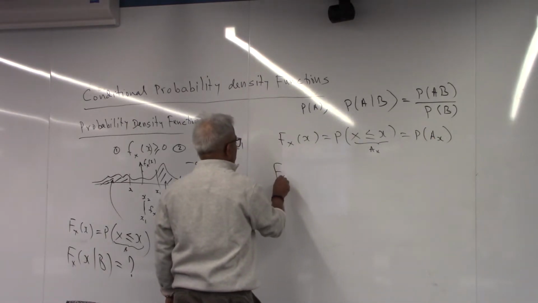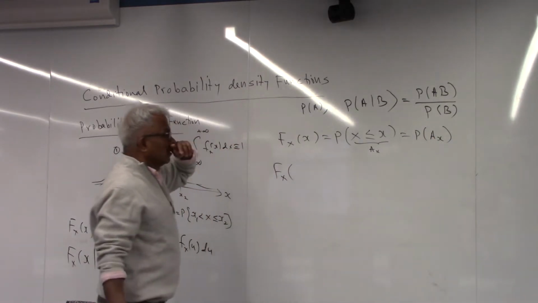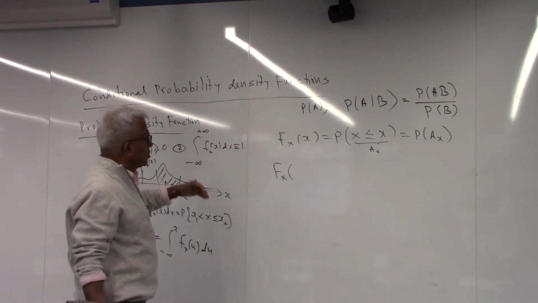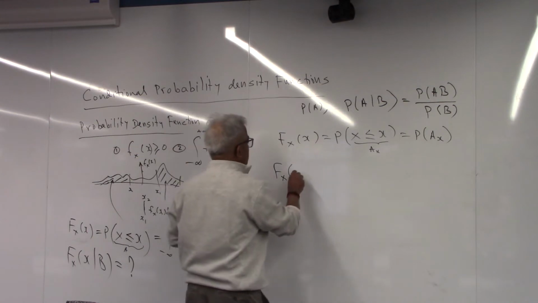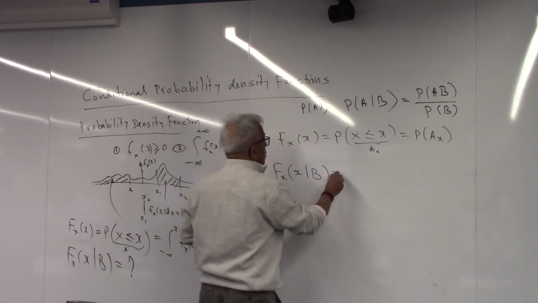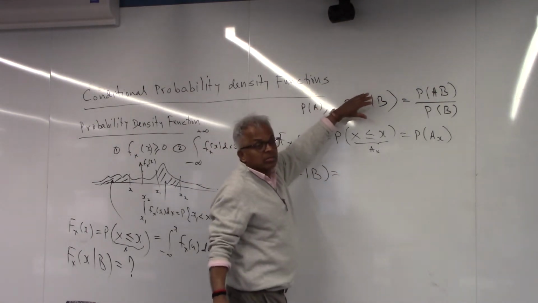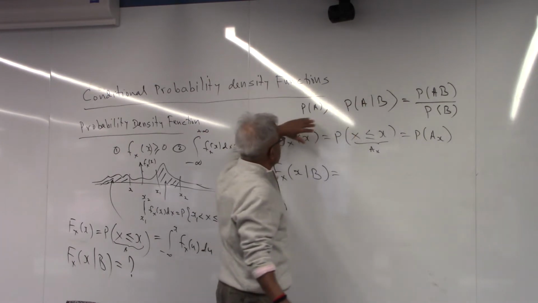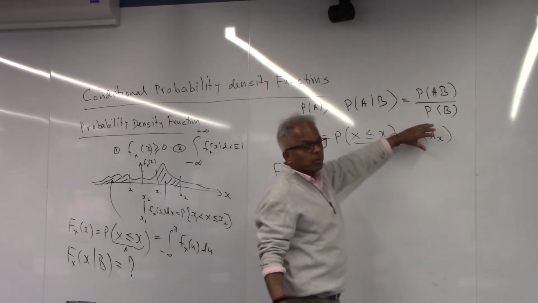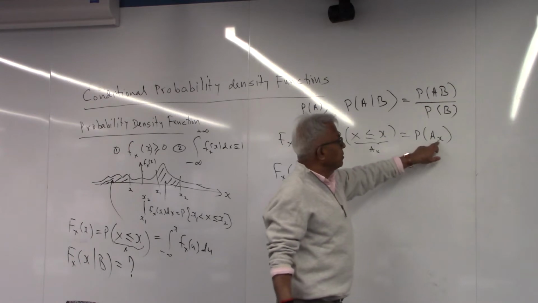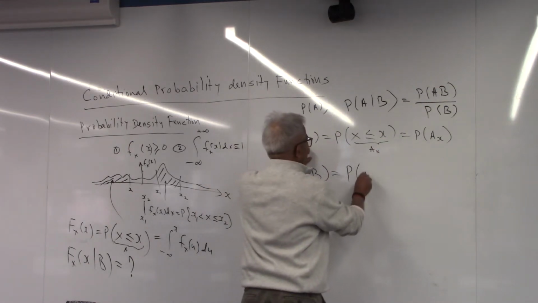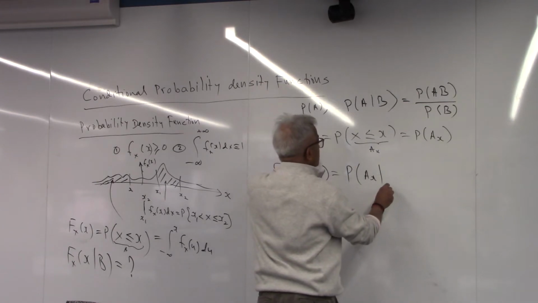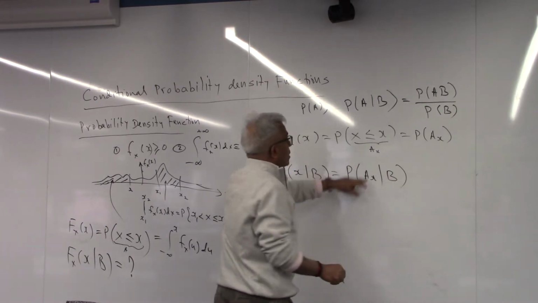So if I want to introduce the notion of conditional distribution or conditional density, it makes sense to go with this, because the distribution function is after all the probability of an event which depends on x, which is the variable here. So we should be able to write it like this. And this is well defined.